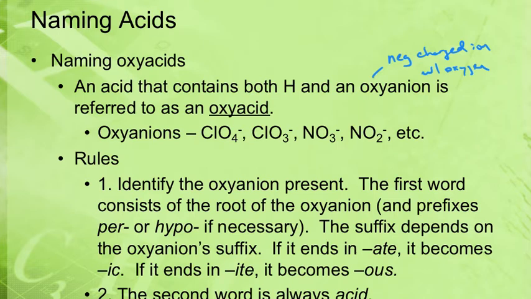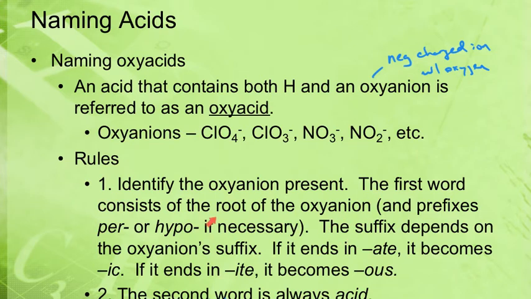So we'll look at HNO3 and HNO2. So we need to identify the oxyanion present. If you're not sure what it is, separate the hydrogen from the oxyanion. I have NO3 here. That is a nitrate ion, if you look on your ion sheet. So you're going to need your ion sheet for this assignment. That's a nitrate ion. So what are we going to do here? We don't need to add hydro or anything like that.